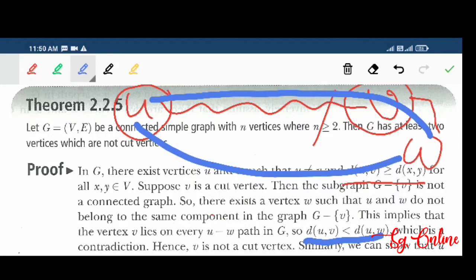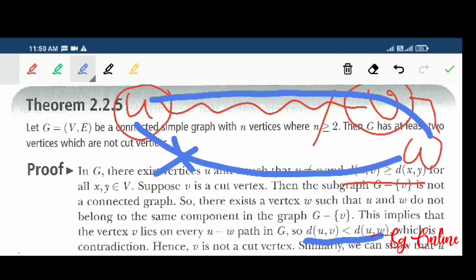Since the graph is disconnected and U and W are in two different components, there is no UW path avoiding V. So all the UW paths are through V, and that gives that d(U,V) is not the highest among all the distances of vertices, because the UW distance is higher than UV, and that is a contradiction.